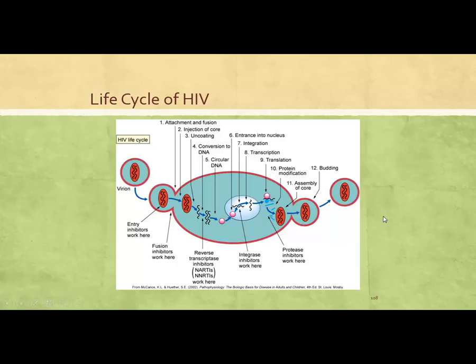So once the HIV virus has entered the cell, the HIV must get its genetic material into the host's DNA. HIV is a retrovirus, which is able to insert its ribonucleic acid, or RNA, into the cell's DNA.